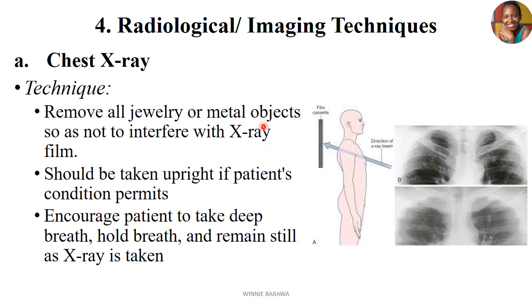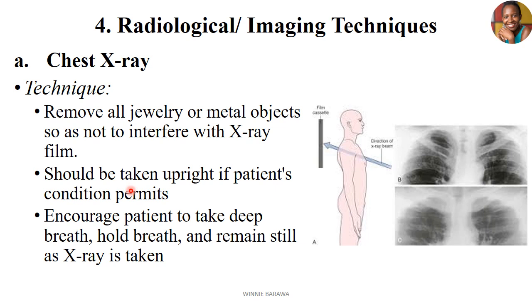There are techniques for how to prepare our clients for chest X-ray. The first thing, pre-chest X-ray, is to guide the patient to remove all jewelry or metal objects so that they don't interfere with the X-ray films when you're checking their chest. The chest X-ray should be taken upright, if the patient's status permits.